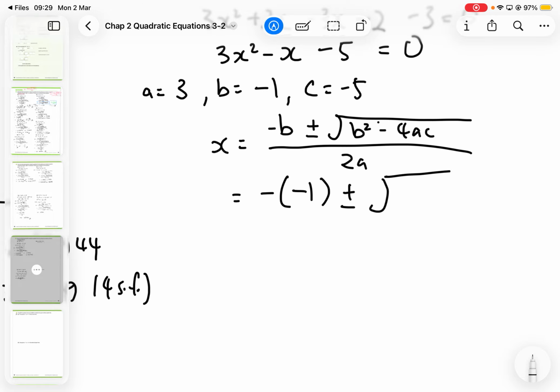Plus, minus, no change. Square root sign, no change. b is being squared. So replace b with a bracket, put my -1 inside, square b. So I square the bracket. This one very important. If you never put the bracket, you will get it wrong.